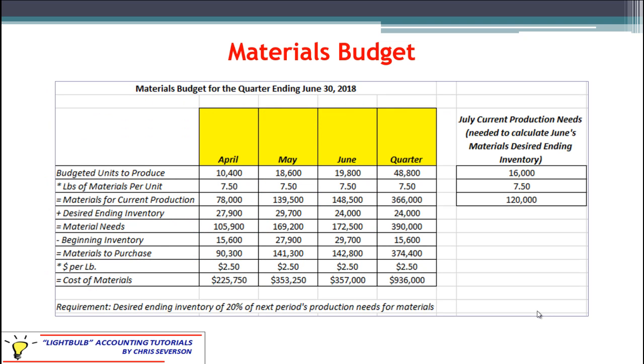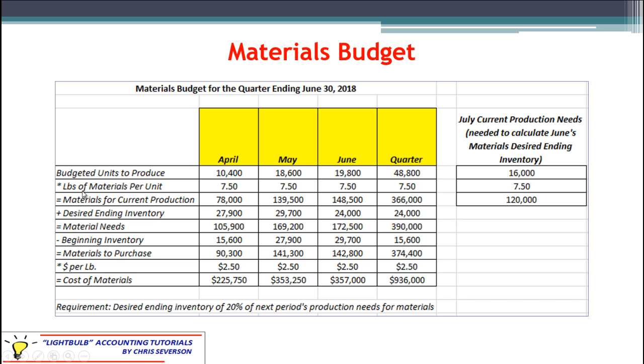Which is right here. You'll see it's a little more complex than the production budget if you recall that last lecture. We have our quarter, April, May, and June, and then we have our quarterly total. In this case, we have the budgeted units that we wanted to produce. This came from the production budget. That's the important thing. It has to come from the production budget.